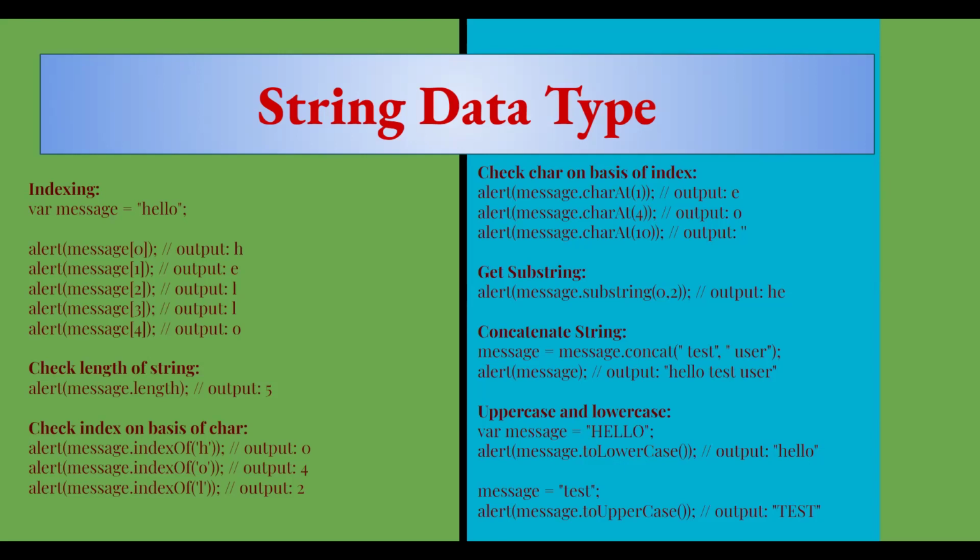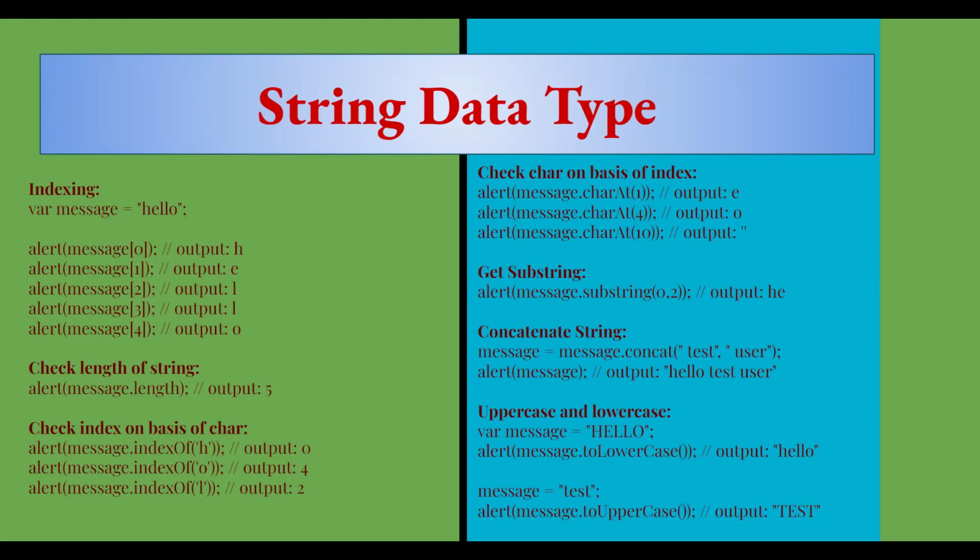You can find the index of a particular character using the inbuilt string method indexOf. Call message.indexOf and in the parentheses of indexOf give the particular character. It will return the index of that character. You can see examples here.